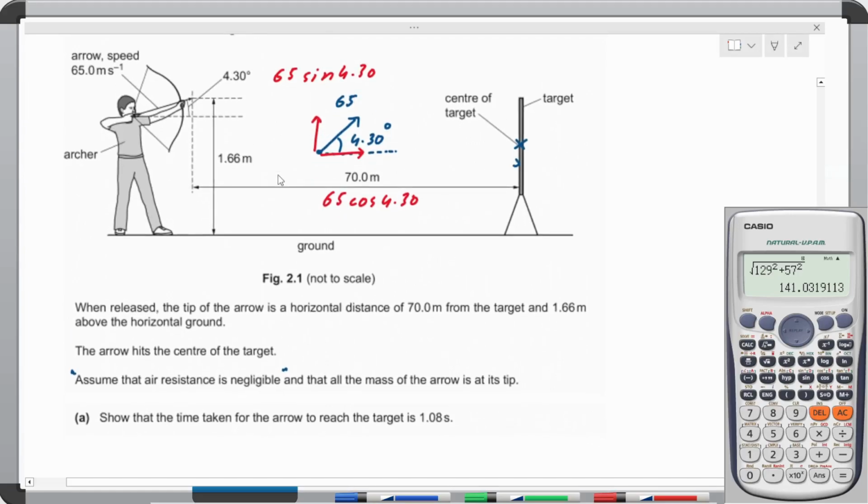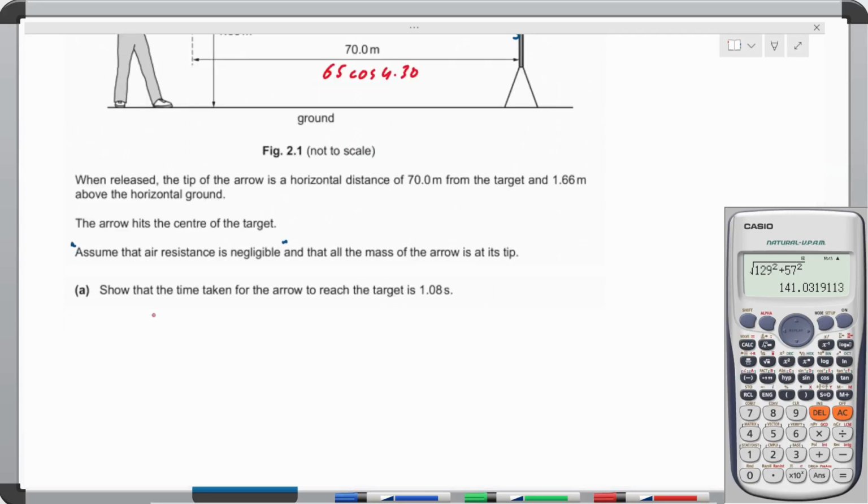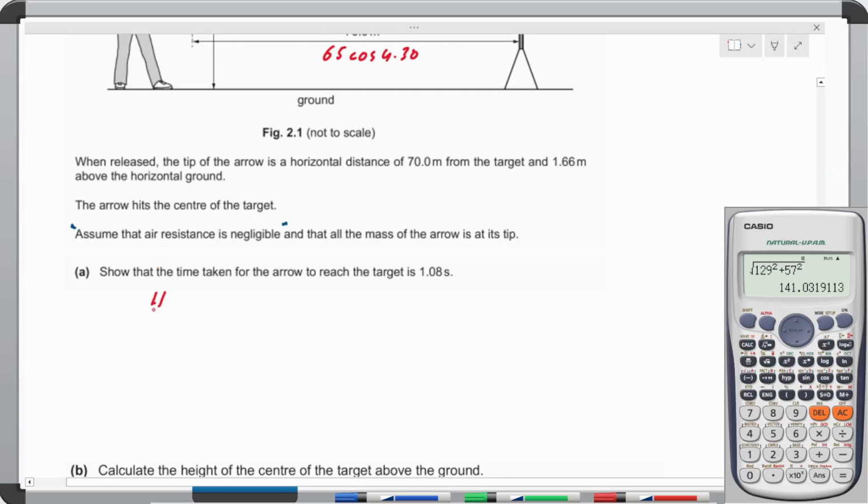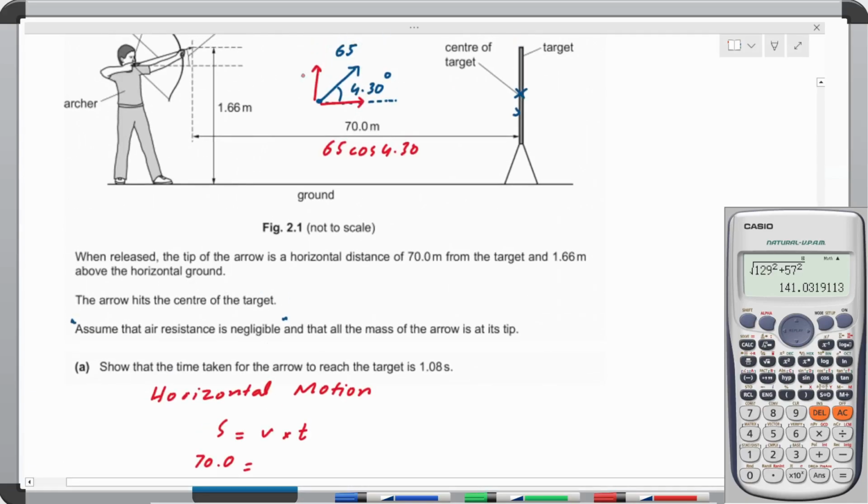Alright, so you can use the horizontal motion, and this question is for 2 marks. So for horizontal motion, I'm going to write the entire data. Horizontal motion, S equals V into T. The distance in the horizontal direction is 70, and speed is, which we had to calculate, the initial horizontal component, 65 times cos 4.30.